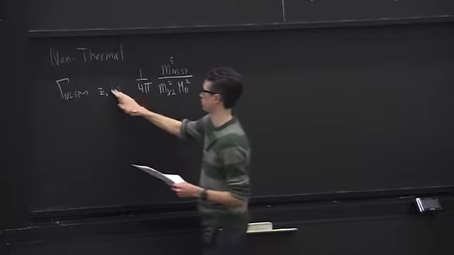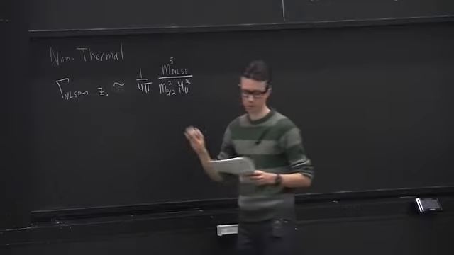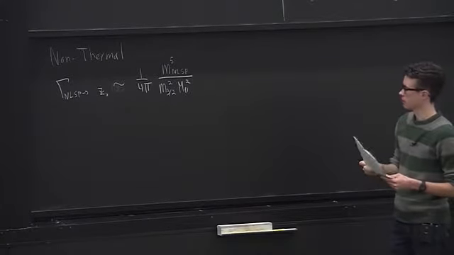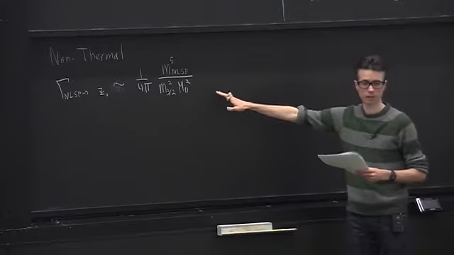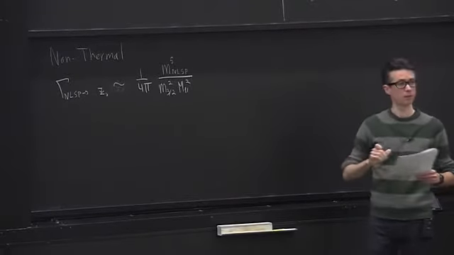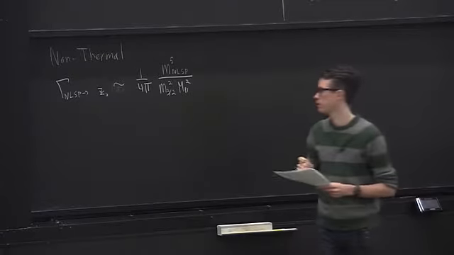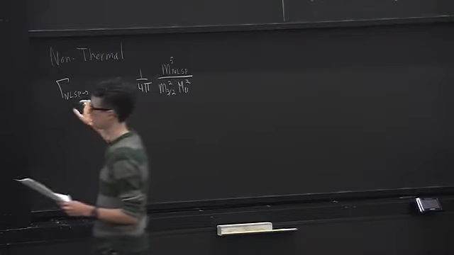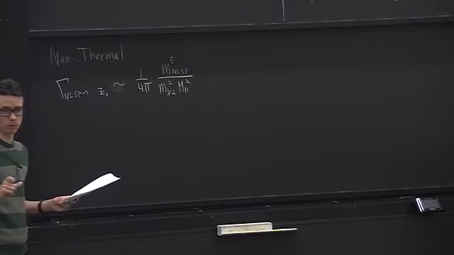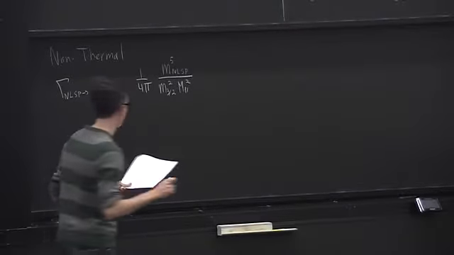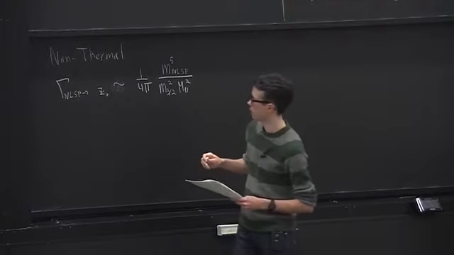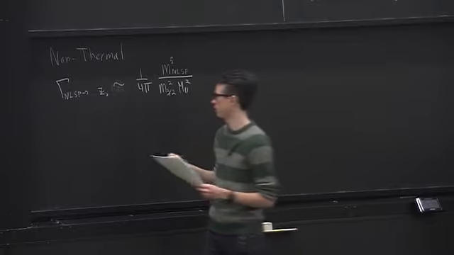Okay, so it's not quite equal, it's a squiggly because there's an order 1 number. But the upshot of all this is that if I compare this decay rate to when this decay would happen in the early universe, it turns out that this decay typically happens after thermal freeze-out of the NLSP, assuming an NLSP mass of about 100 GeV, if the gravitino mass is larger than 100 keV.